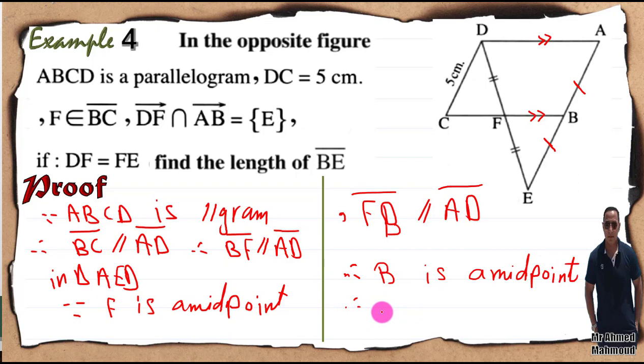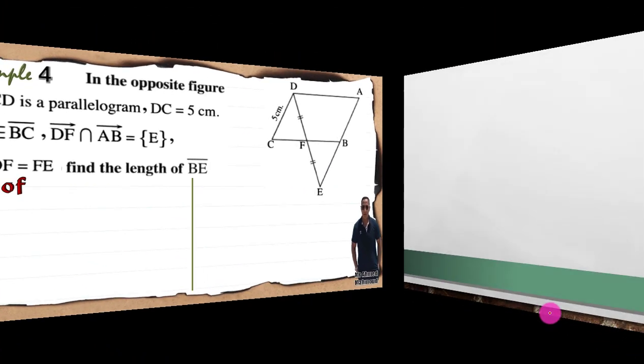Therefore here also AB equals 5, so BE equals 5, so EB equals BA equals 5 centimeters.